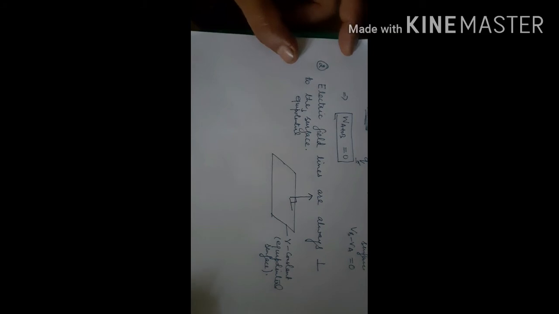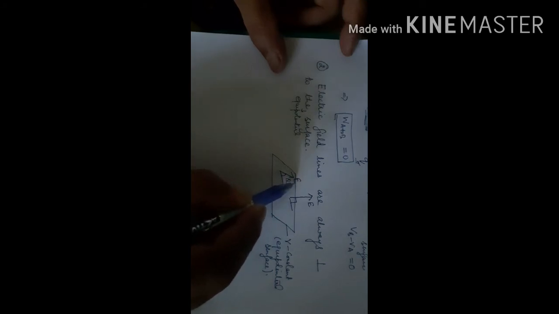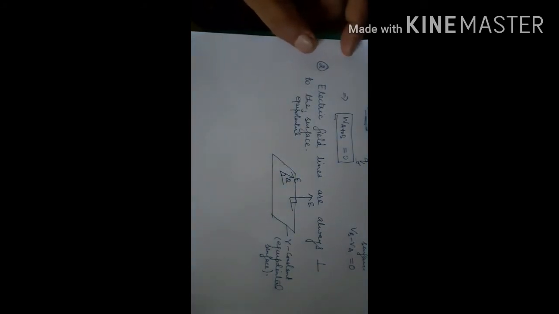To explain why it is perpendicular, let us assume that these electric field lines are not perpendicular. Suppose it is making some angle theta with the equipotential surface.